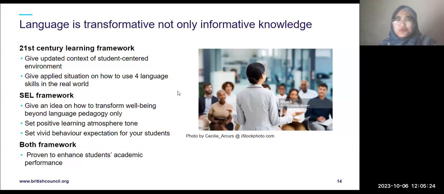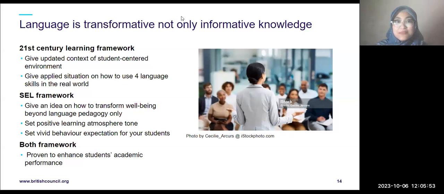You know to whom you talk, you know someone who is respected by others. I think on the chat someone said that earlier. And you set vivid behavior expectations for your students, so you know that, okay, we've got to work on empathy, teamwork, being confident to express yourself, to be fearless, to be unique, something like that.